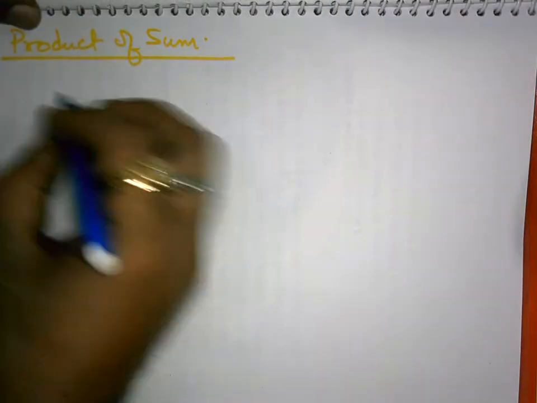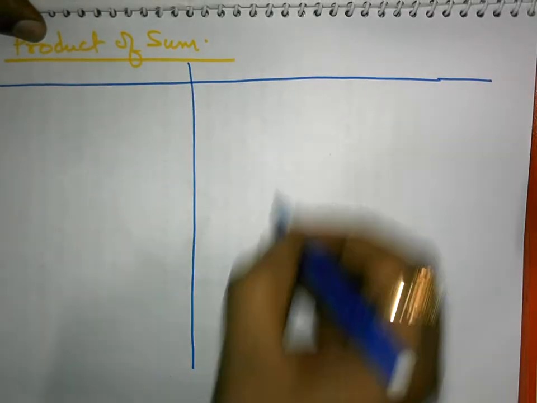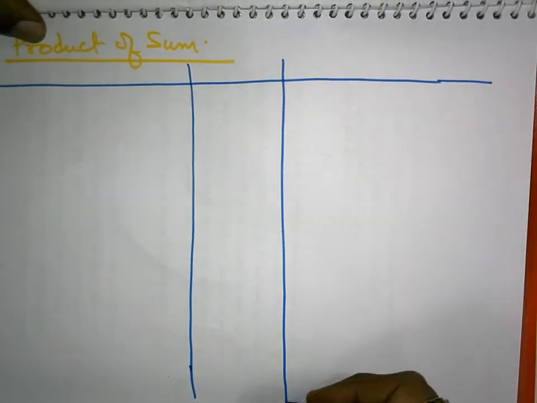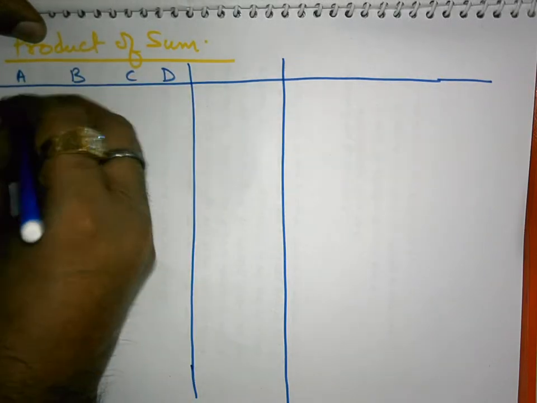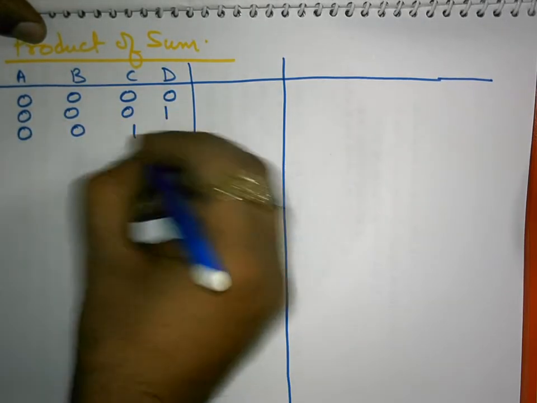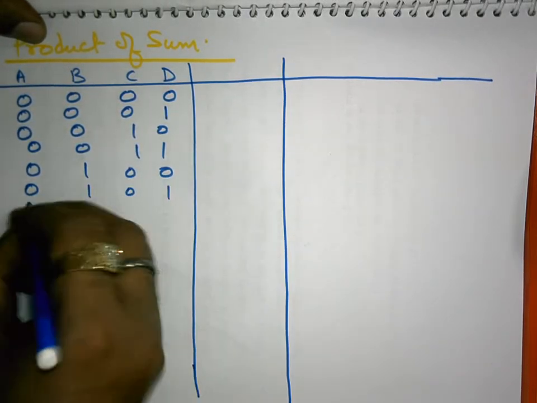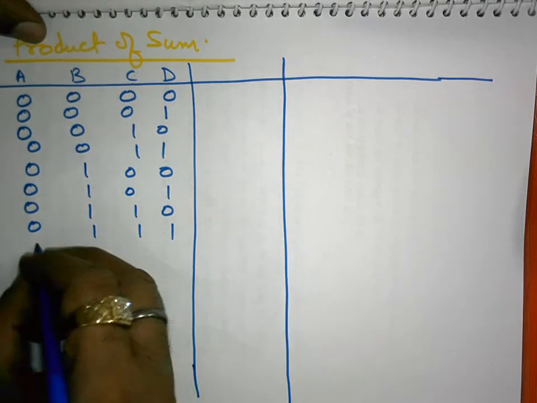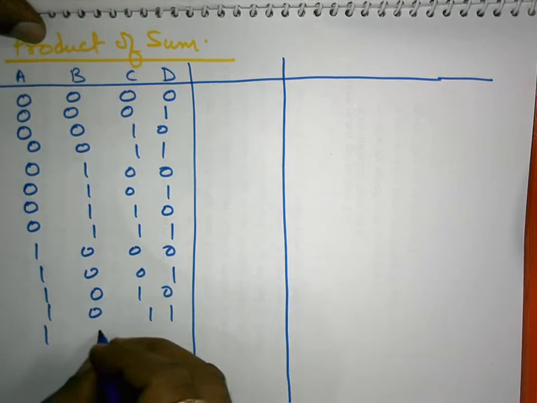So let us see the problem in this way also. Suppose we have been given a truth table with inputs A, B, C, D, and the rows are 0000, 0001, 0010, 0011, 0100, 0101, 0110, 0111, 1000, 1001, 1010, 1011, 1100.